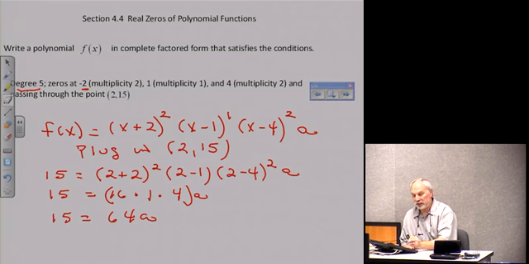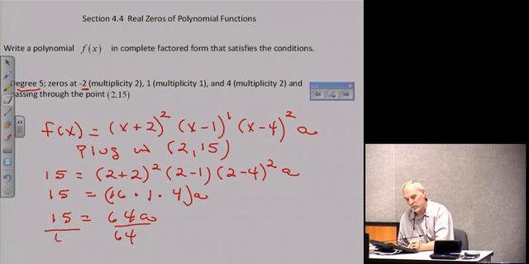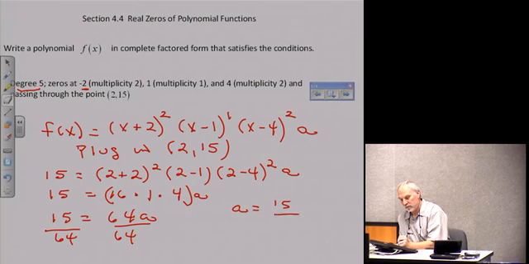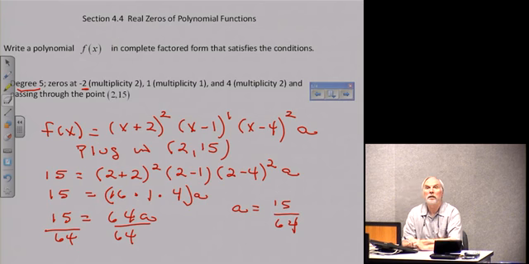And so we'll divide both sides by 64. And we get a equals 15 over 64.